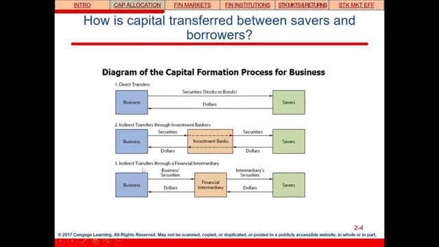That's indirect transfers through a financial intermediary. And in this case, you see asset transformation. This is what I mean by asset transformation, that the money has changed in terms of size. So deposits are usually small amounts, loans are usually relatively bigger amounts. In terms of maturity, deposits in many cases have no maturity, right?